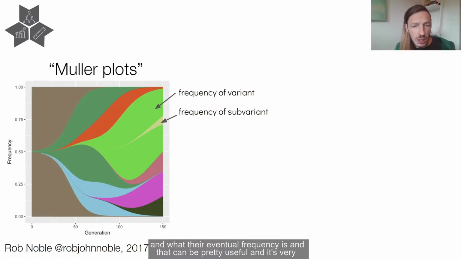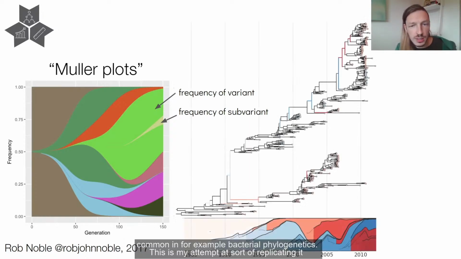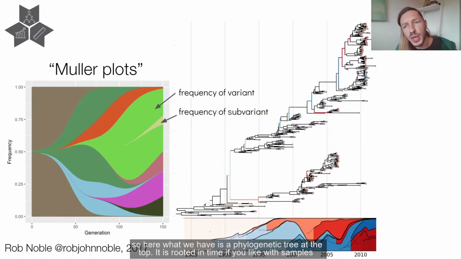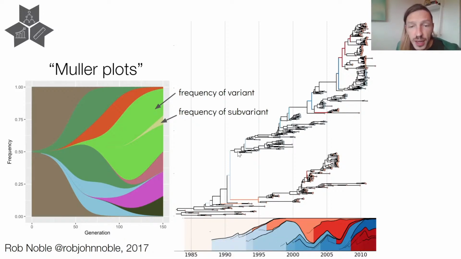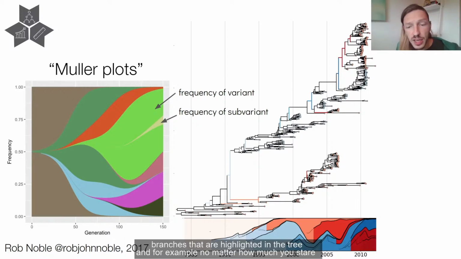And that can be pretty useful, and it's very common in, for example, bacterial phylogenetics. This is my attempt at sort of replicating it. So here what we have is a phylogenetic tree at the top. It is rooted in time, if you like, with samples being collected over time. And at the bottom, we're just tracking a smoothed frequency of some branches that are highlighted in the tree.